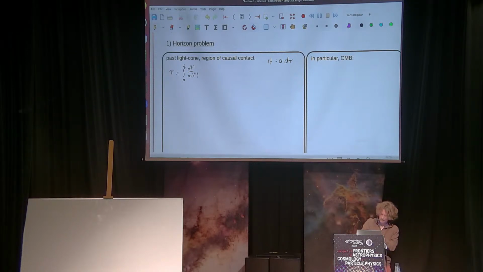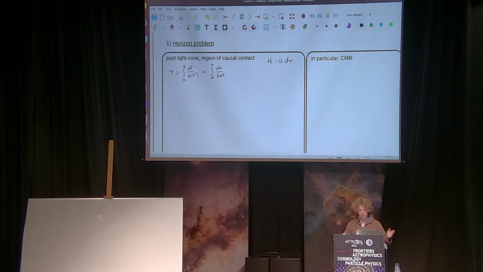So now we can use the fact that Hubble is a dot over a, just the definition of Hubble, to write this as an integral over dA. So we're at integral 0 to a dA over H a squared. And you see from the fact I'm putting 0 here that I really want to compute the entire past light cone all the way to the singularity, right?